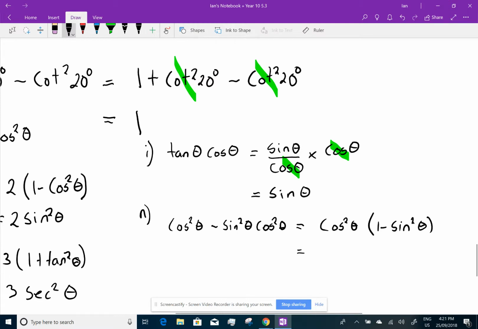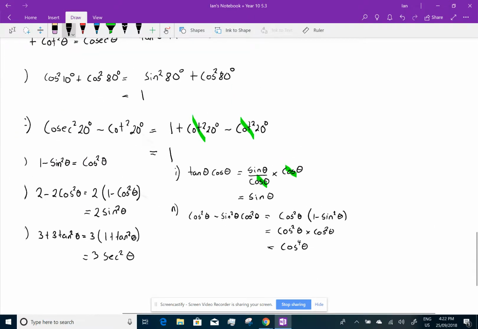And we know from previous that 1 minus sine squared theta is cos squared theta. So a squared times a squared, well, that'll give me a 4. So cos to the 4 theta. Let's just check that N. Cos to the 4 theta.